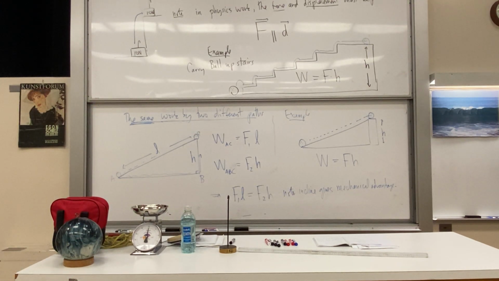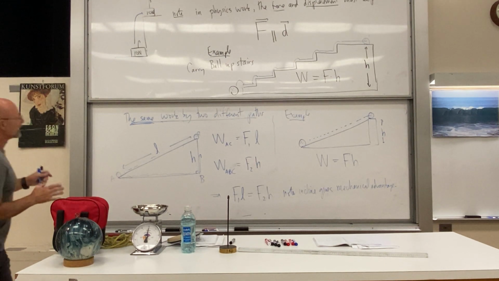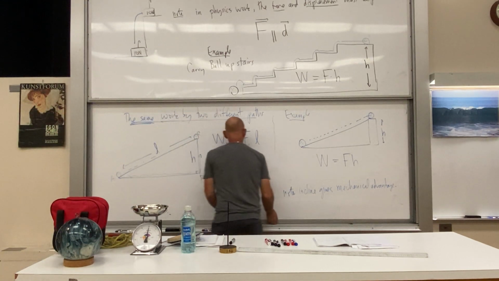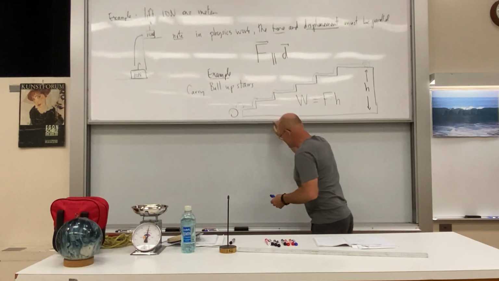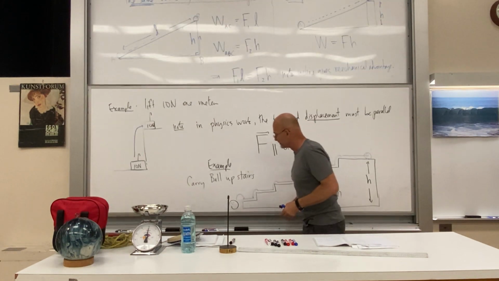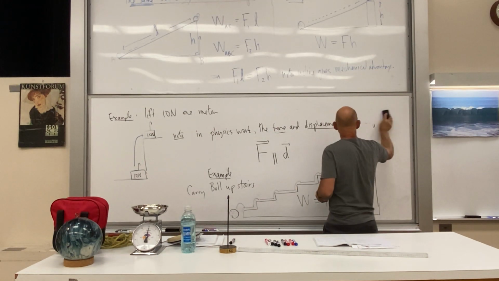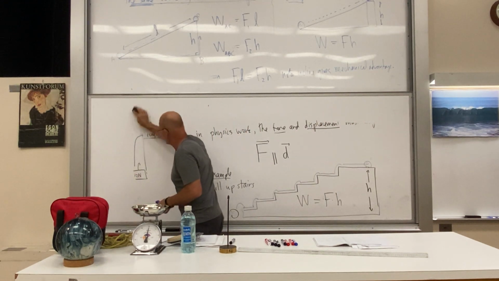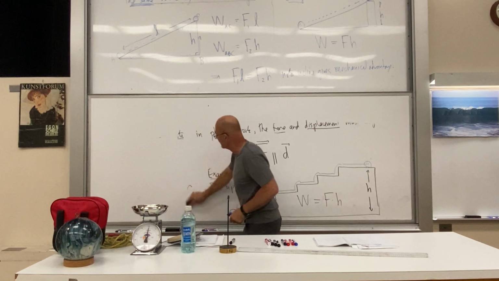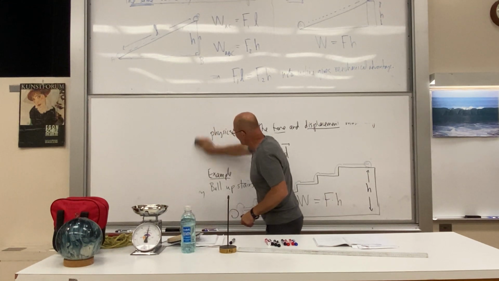Not going to go too much longer today either. But now that we've set up work, I can finally bring these other definitions in. So we now know what work is. We have some examples. I think they make good sense.